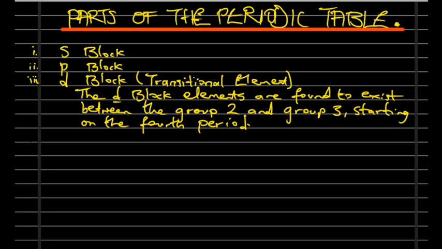And then we move over to the F block elements. These are called the inner transition elements.